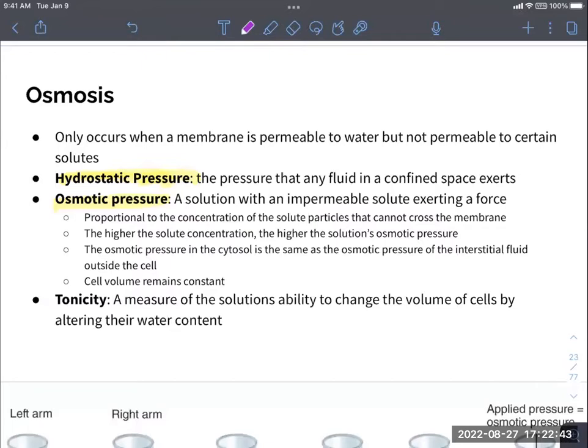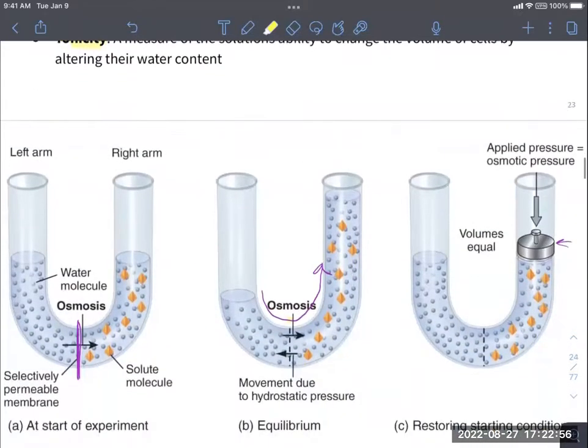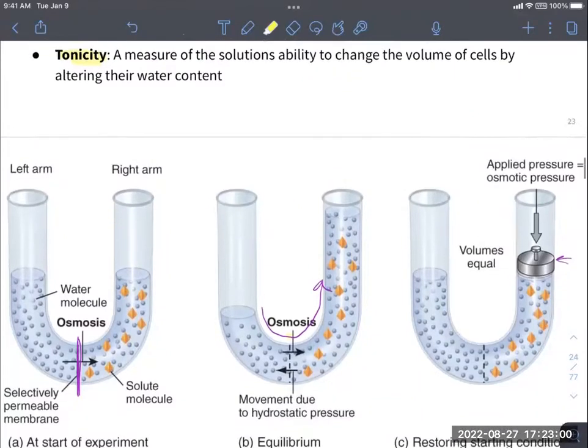So tonicity is a measure of the solution's ability to change the volume of cells by altering their water content. We want to know, are cells going to change their size based on the type of water?